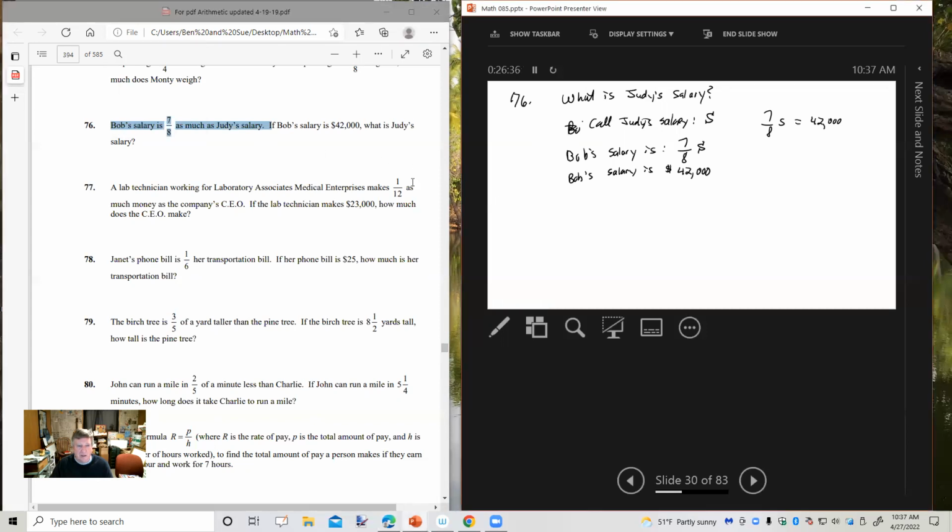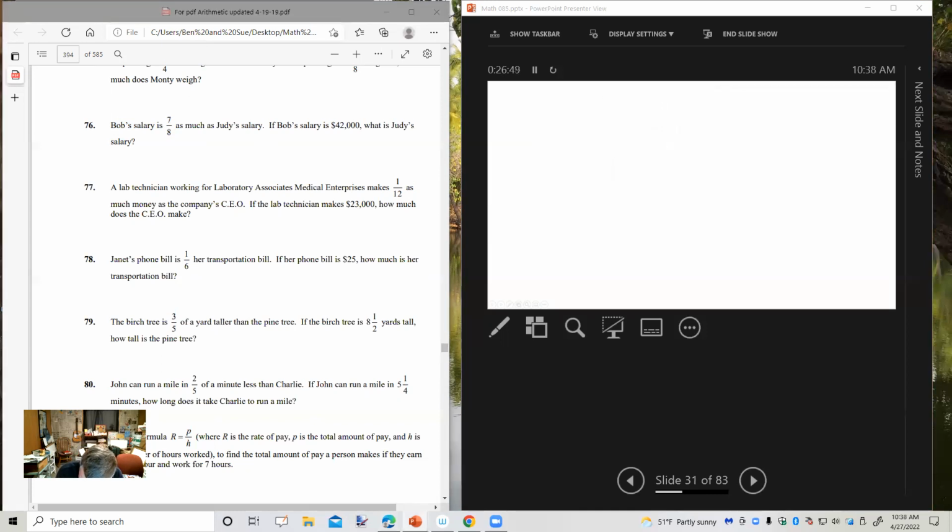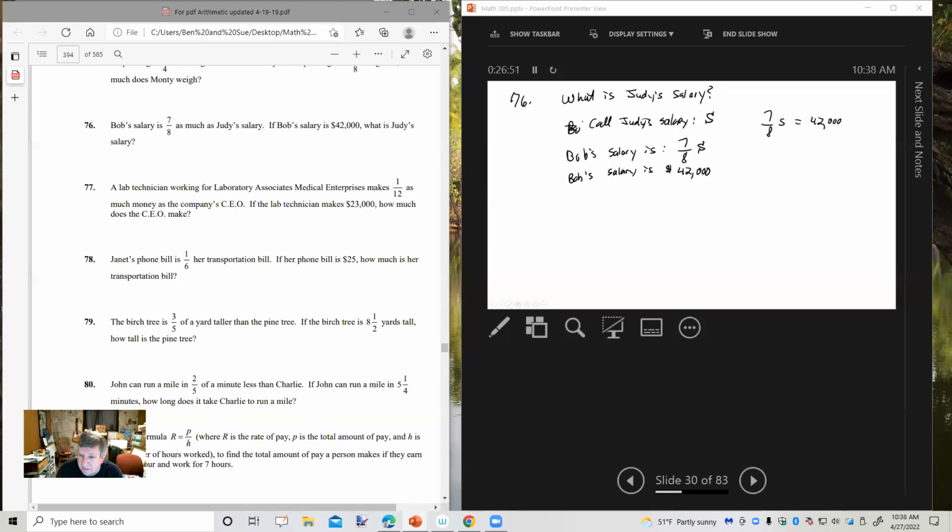Okay. All right. So what have we got? We've got 7/8 S equals 42,000. And we've talked about when the coefficient is a fraction, we can multiply both sides by the reciprocal of the coefficient of the variable.